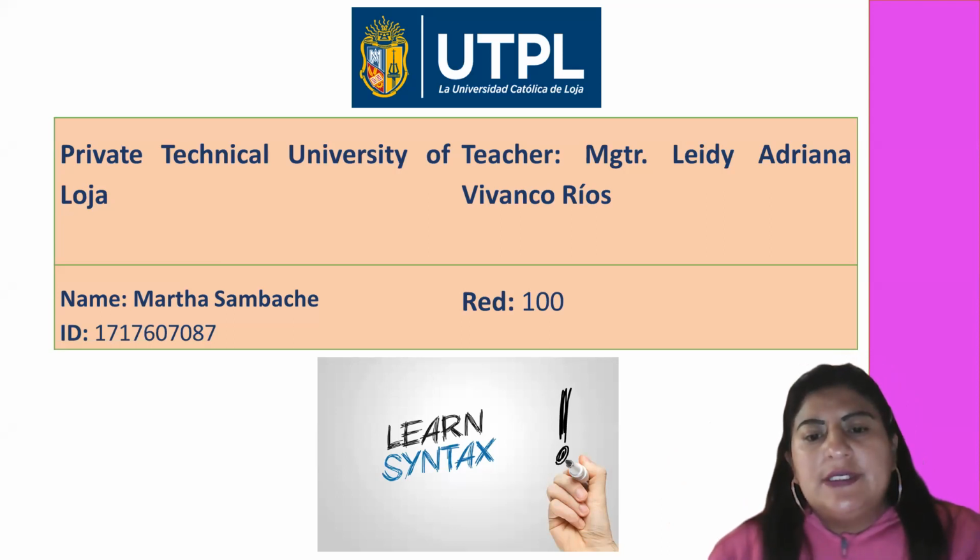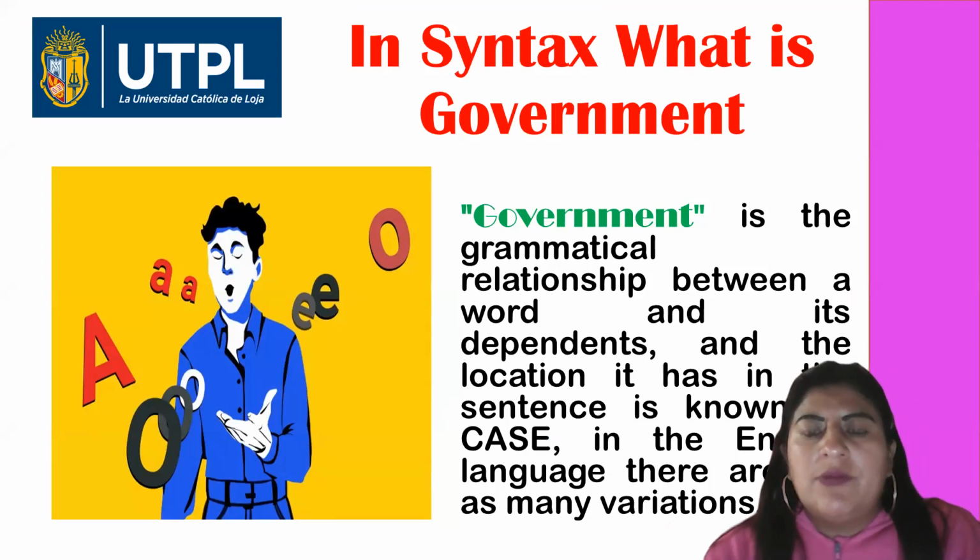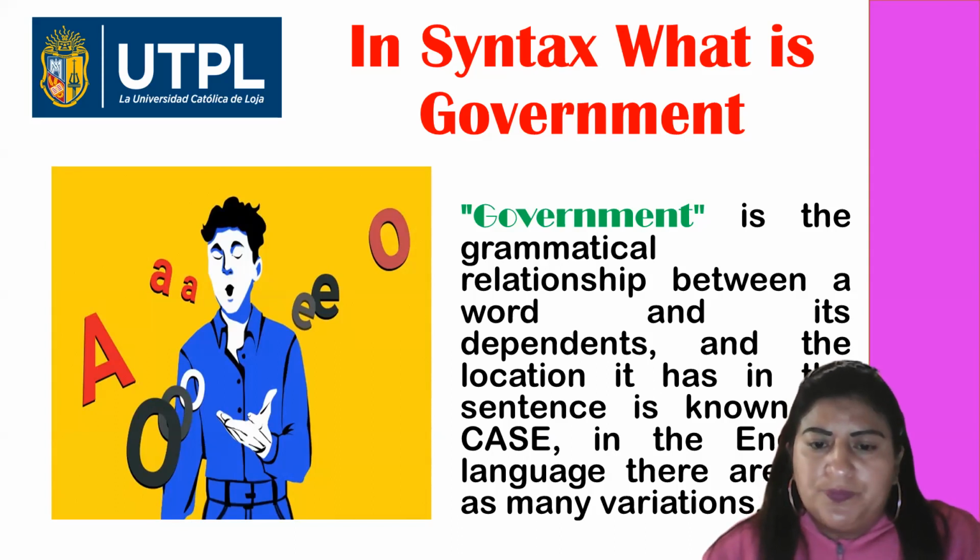Okay, teacher, in this major syntax, we talk about a very interesting topic. It is government. Government first is the grammatical relationship between a word, and it depends on the location it has in a sentence. In no case in English language are there as many variations.